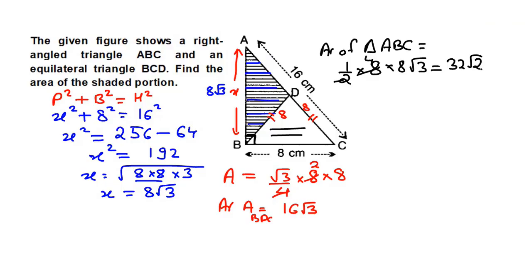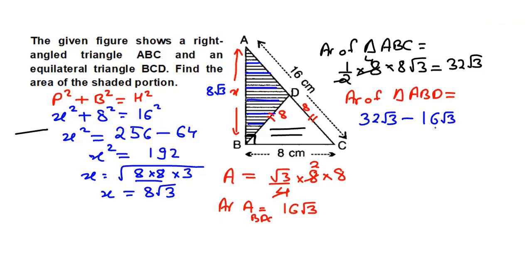Now we have the area of this whole triangle and we have the area of this equilateral triangle. So the shaded portion, that is area of triangle ABD, will be equal to the area of the whole triangle, that is coming as 32 root 3, minus the area of the equilateral triangle, that's coming as 16 root 3.